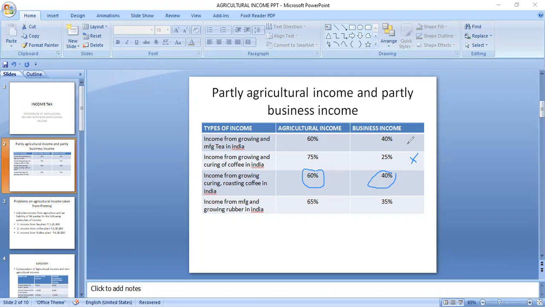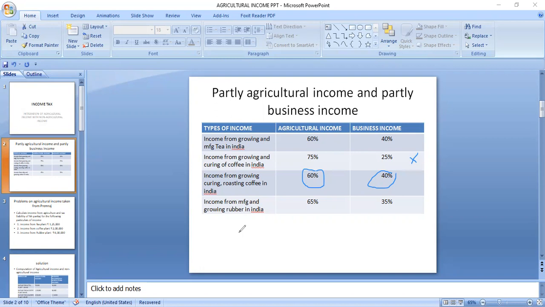Is it clear? Right. Now, if you produce rubber and you're getting income from rubber in India, the ratio will be 65% agri income and 35% business income. So this is how to classify these types of income when income from tea, coffee, and rubber is given in the problem.